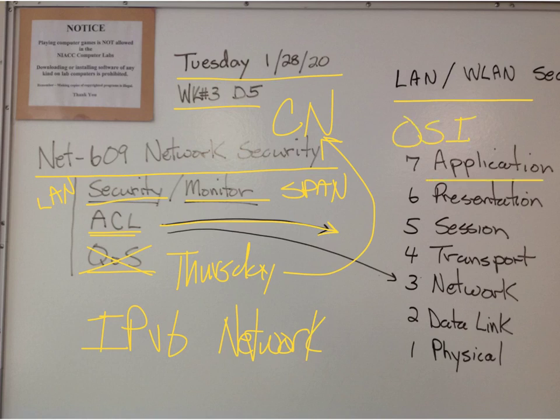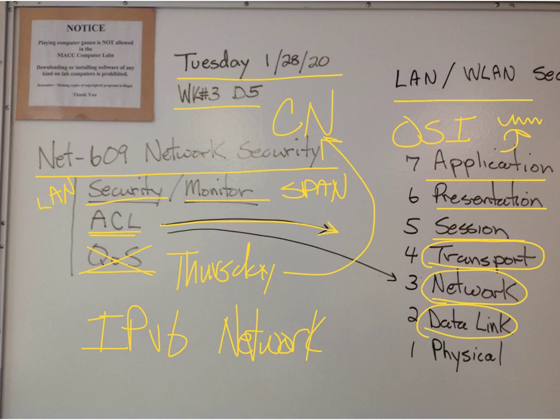Take a look. We have the application hooks into whatever app we're running, present the data, create a session. How we're going to transport the data, the route it's going to take, our IP address, and data link to the devices.